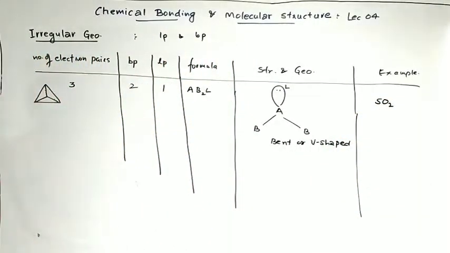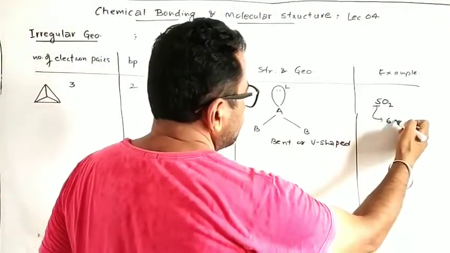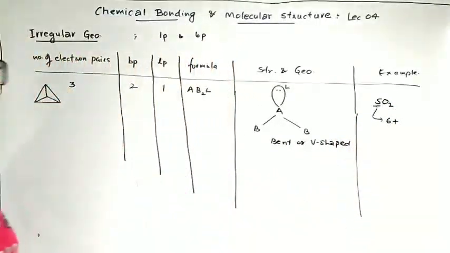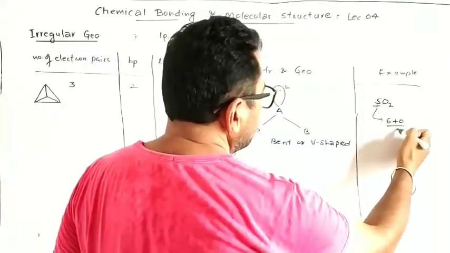SO2, sulfur dioxide. Now see how to find the electron pair in sulfur dioxide. The valence electrons in sulfur are 6 plus the number of monovalent atoms. There is no monovalent atom. Oxygen is attached to sulfur, so oxygen is divalent. Divalent means take it 0.